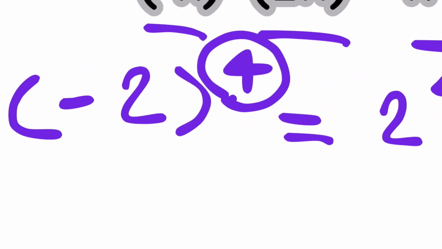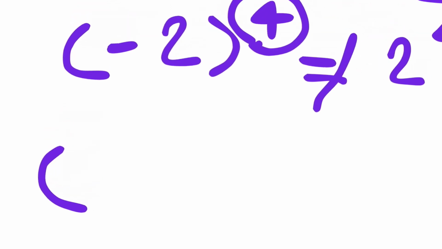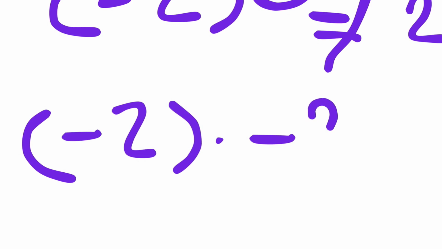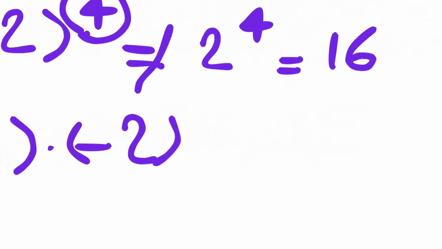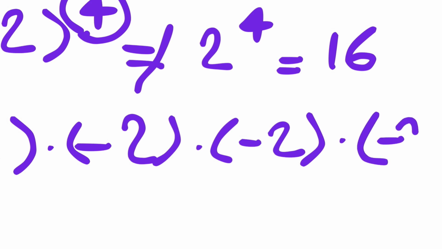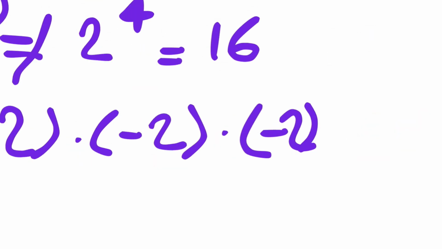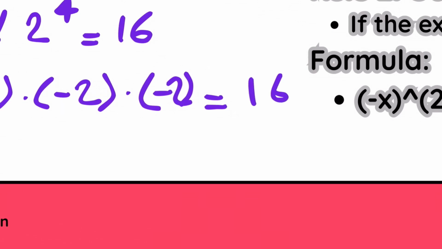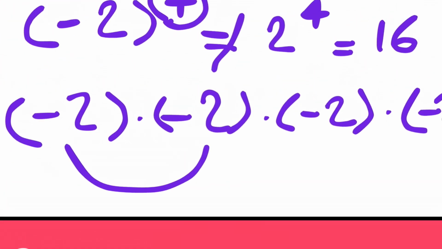Why? Again, let's see it this way. Minus 2 to the power of 4 literally means minus 2 times minus 2 times minus 2 times minus 2. Minus 2 multiplied by itself 4 times, right? And this will be 16. Do you know why? Because not only the number, which is 2, will be multiplied by itself, but the symbol will also be multiplied by itself, okay?